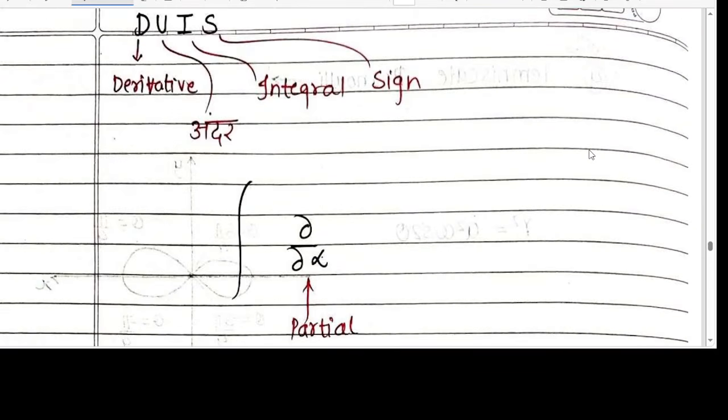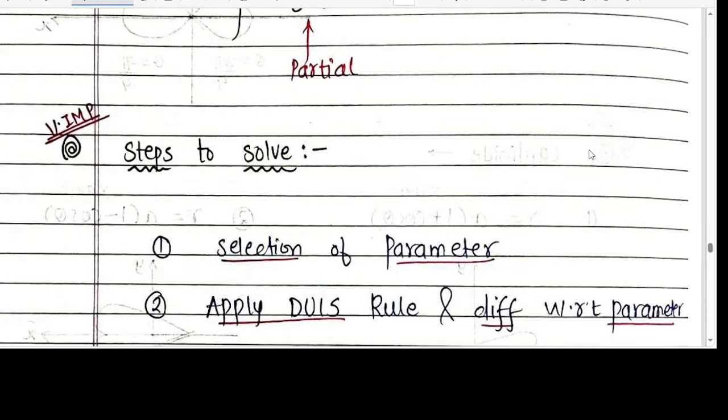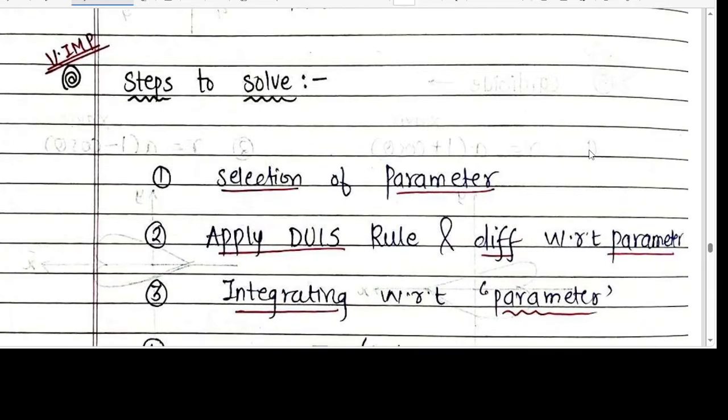Right. And DUI's rule. We know that it is differentiation under the integral sign. Here we have to find the parameter. Selection of a parameter: the parameter is other than the variable of integration. Sometimes it may be a, it may be alpha, it may be beta, or b, and so on. Then apply the DUI's rule.